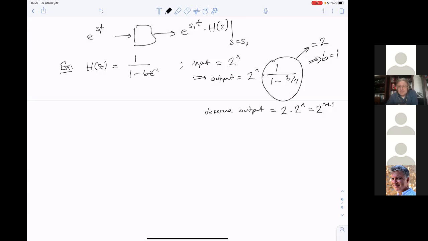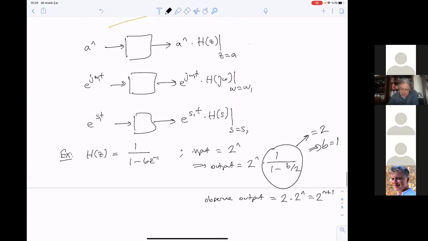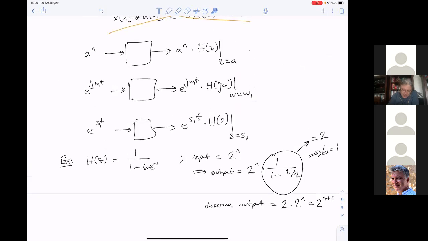Be careful. A to the n without a u of n or anything is a dangerous signal. You cannot take the z transform of such signals. You can only apply them to LTI systems, which will give you this output. If a to the n goes in, then the output is a to the n times h of z at z is equal to a.